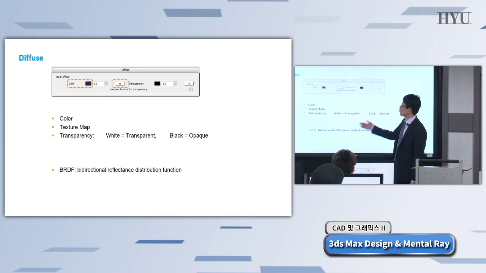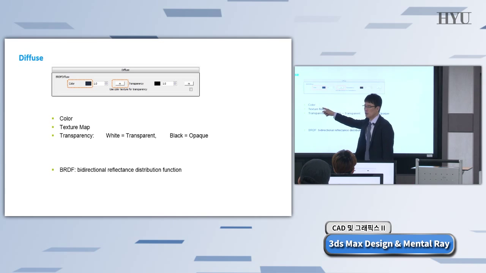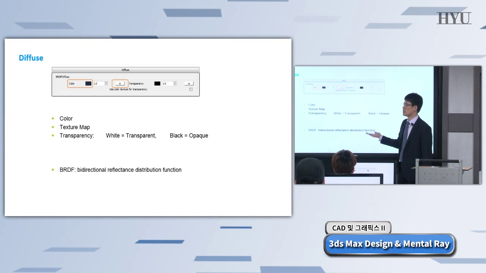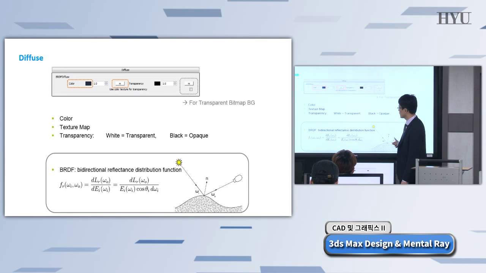Okay, what is diffuse? Diffuse is simply what shows your surface. If you change the diffuse color, the object color is going to change. The texture map for diffuse is what you see on your object, on your design. Also, it has transparency control, or even this kind of complicated control, such as BRDF, bidirectional reflectance distribution function.